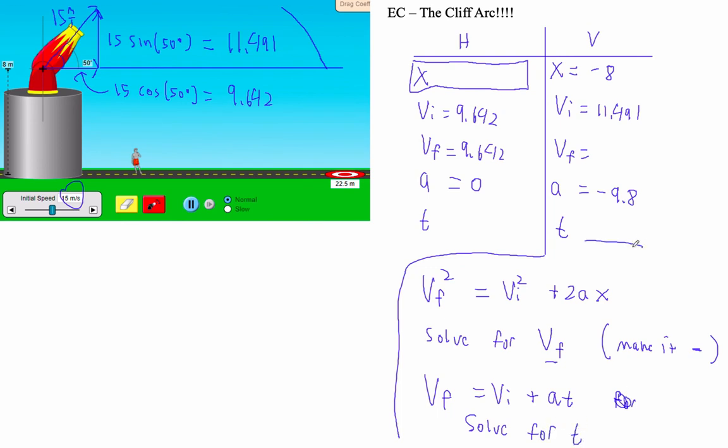And now you'll have the time. The time will go across. Then you can go on the horizontal side, you can just go velocity times time is x. And that's all we ever do. The only contenders over here are this guy, and this guy. So once you get the time, multiply that time by this.